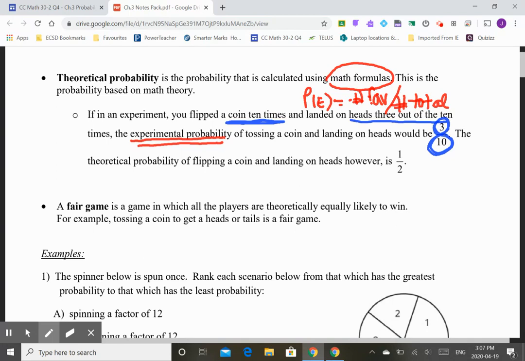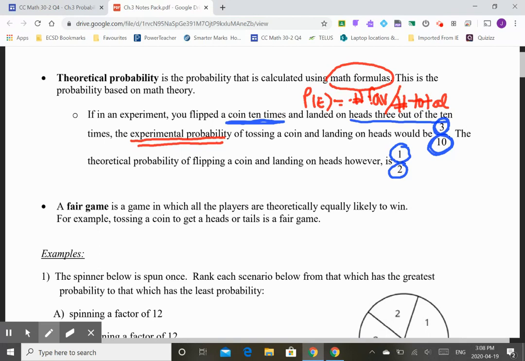Well, that's quite a bit different than the theoretical probability. Theoretically, we would say the number of favorable outcomes is 1 because there is 1 head on the coin. The total number of outcomes is 2 because there are 2 sides to the coin. So experimental probability and theoretical probability are sometimes a little bit different, especially when the experiment has a very low number of total outcomes.